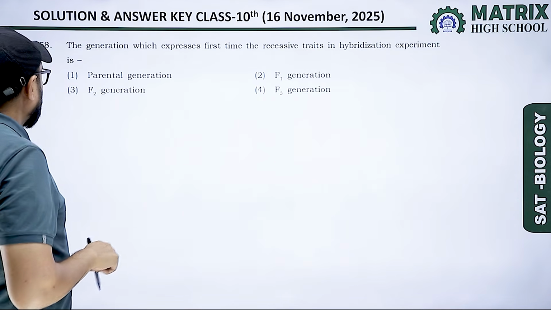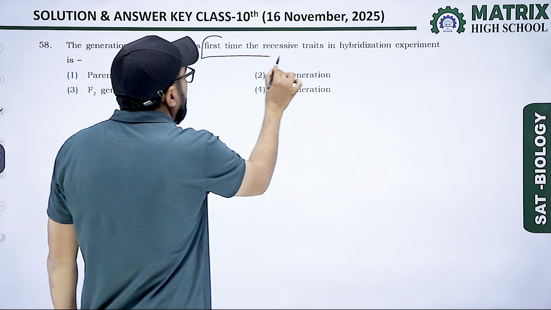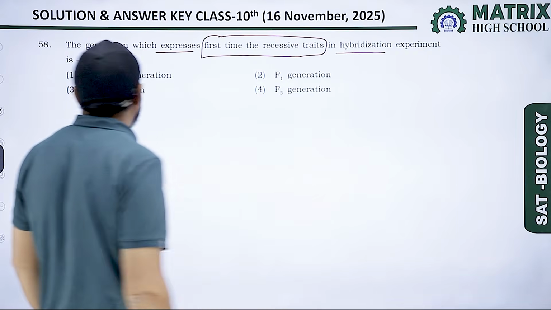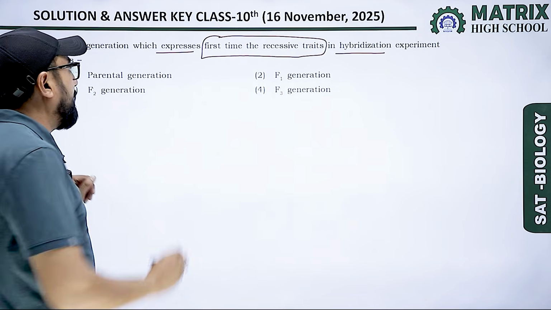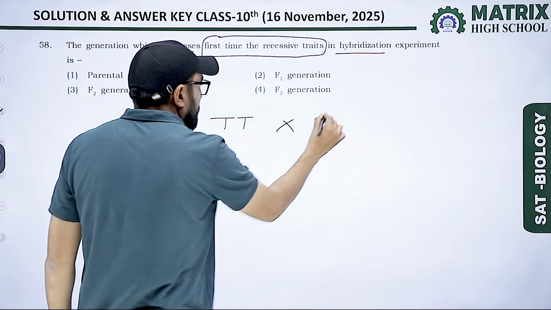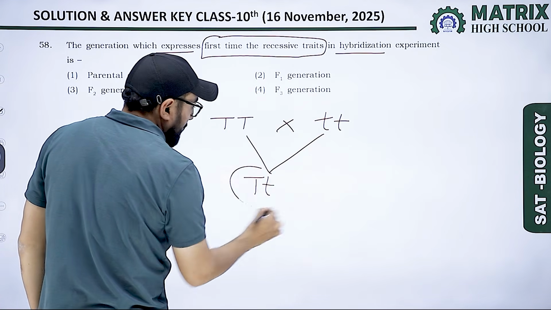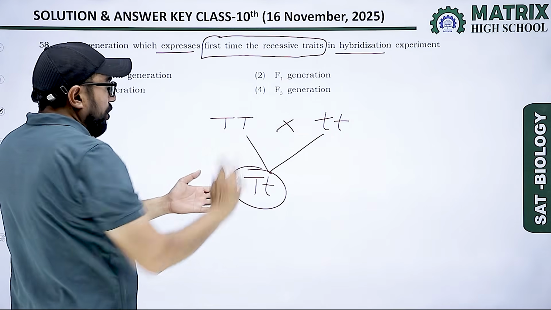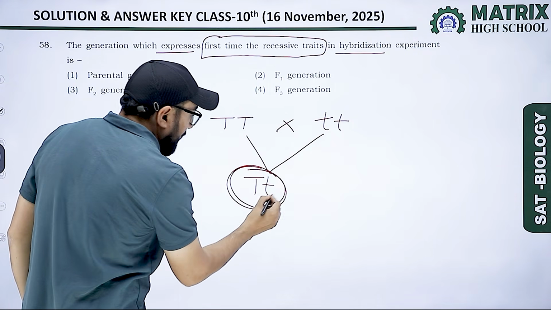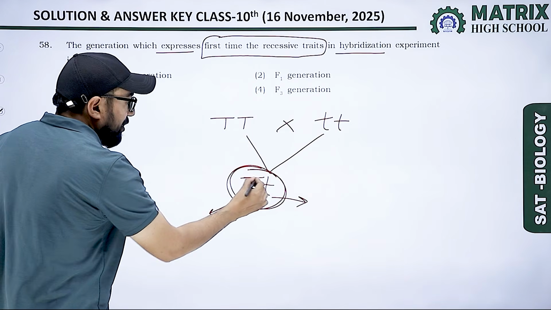Next, the generation which expresses the recessive trait for the first time in a hybridization experiment. Capital T cross small t gives capital T, small t. In this case, the recessive does not show its character. The hidden character is recessive and the expressed character is tall.